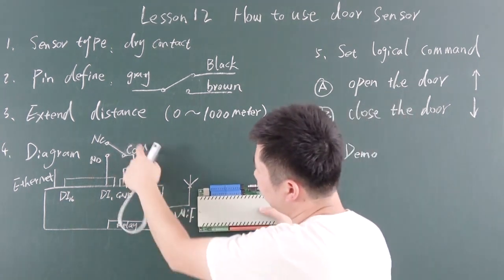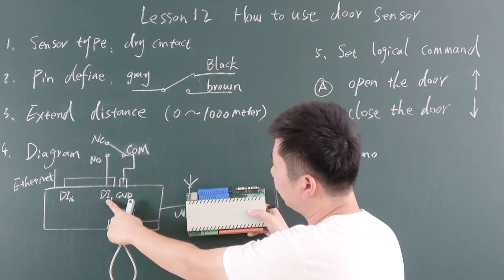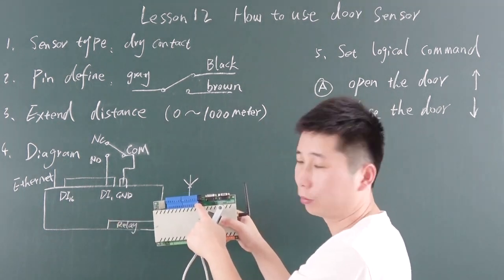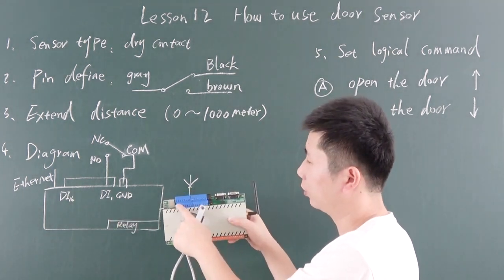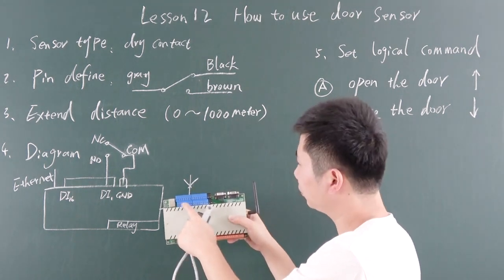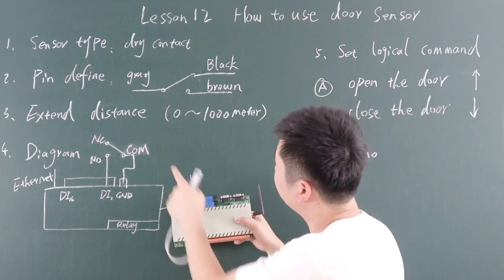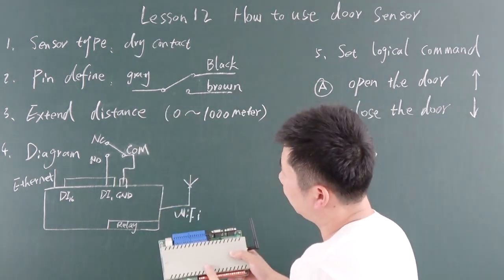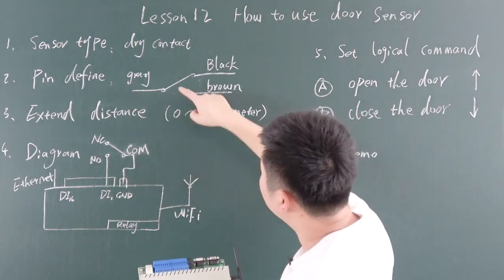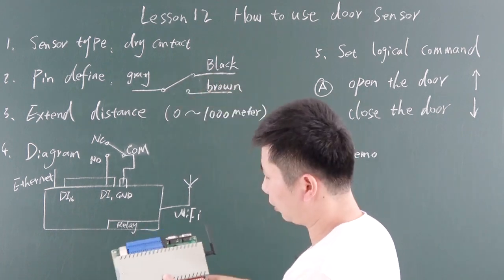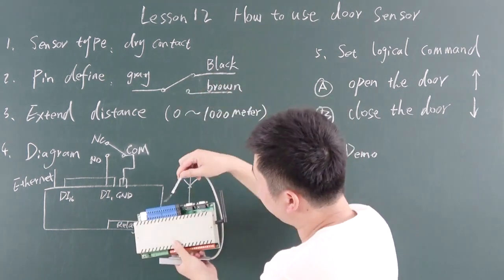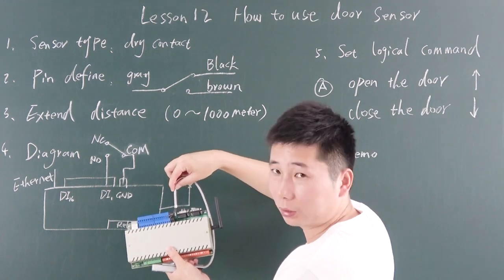We can connect this sensor to digital input 1, like this. These are 1, 2, 3, 4 up to digital 16. And this black is ground. We have connected the 3 lines of the sensor to this input.